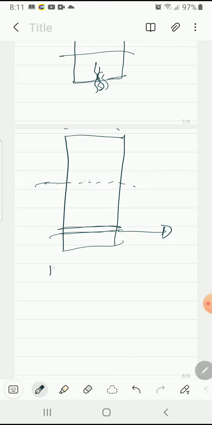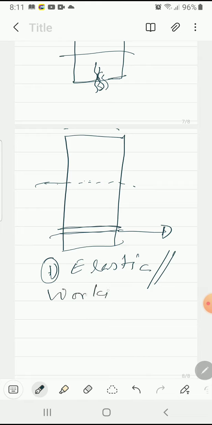Number one is elastic, or another name is working stress analysis, working stress behavior.